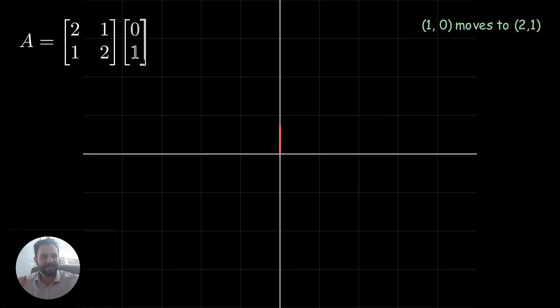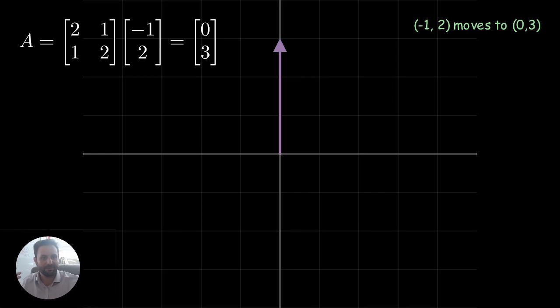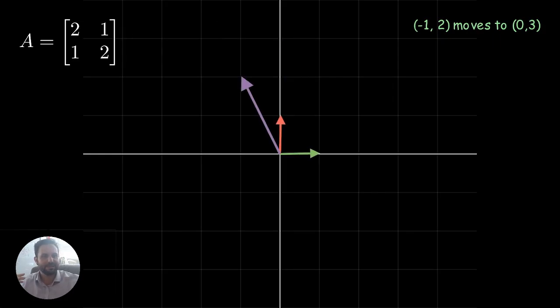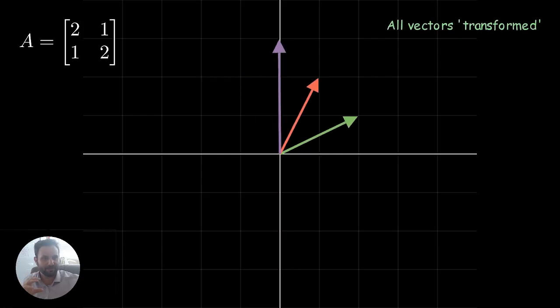So if I take another one, 0 1, this red arrow, and when I multiply, I go to something else. If I take some arbitrary negative 1 2, it goes to some arbitrary vector 0 3. So we just mentioned that all of these vectors after matrix multiplication go to new places.